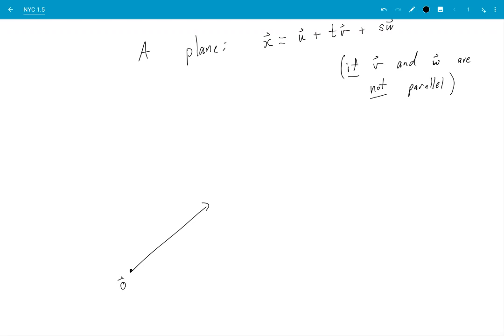U is just some vector, whatever, like this. And we'll just put a little point there. And let's say we have, oh, it's an ugly arrow, v like this, and w like this.